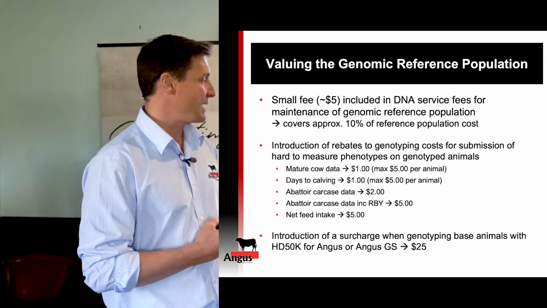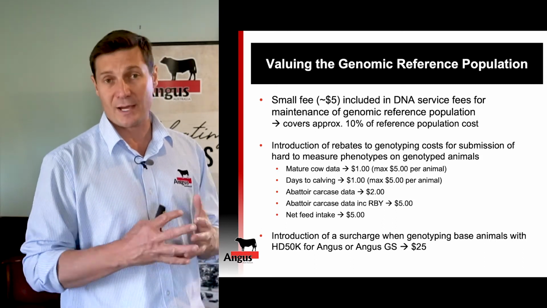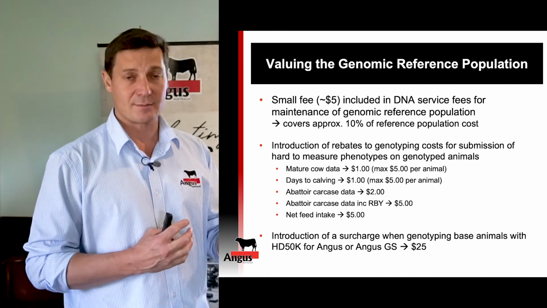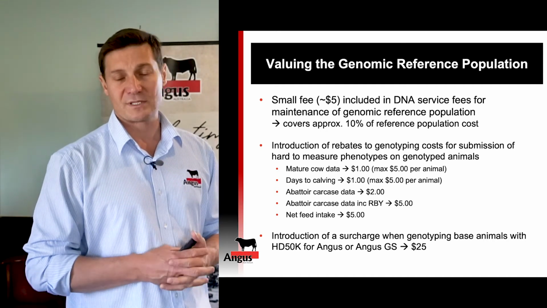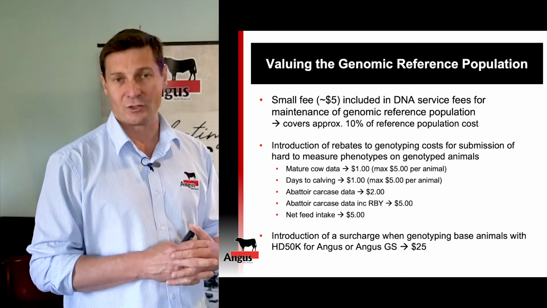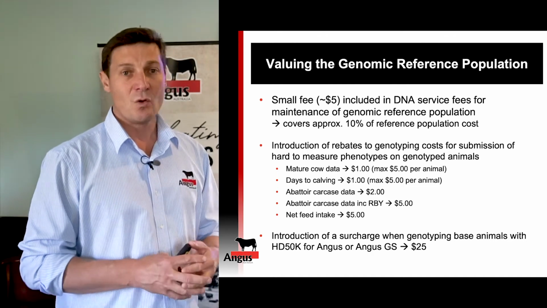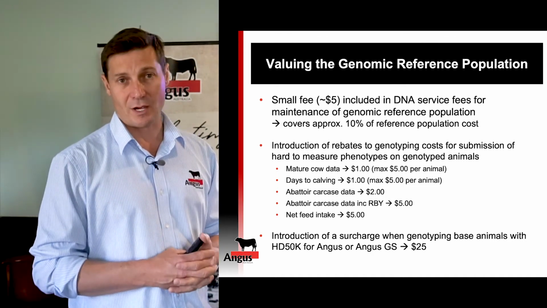So as of January 2020, there will be a rebate scheme introduced so that any member who collects information on hard to measure traits on genotyped animals, and that performance information meets certain guidelines so that it's useful for genetic evaluation and for the genomic reference population, will be eligible to receive rebates by way of a credit to their Angus Australia account.